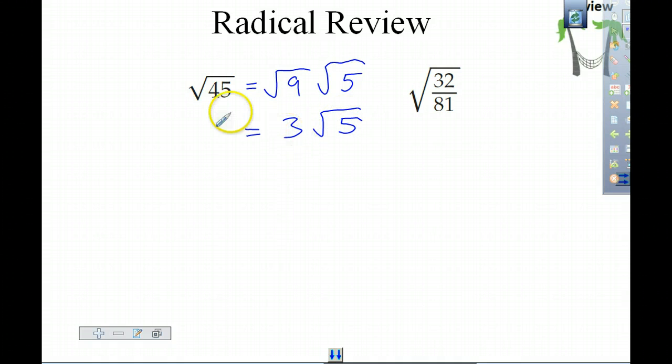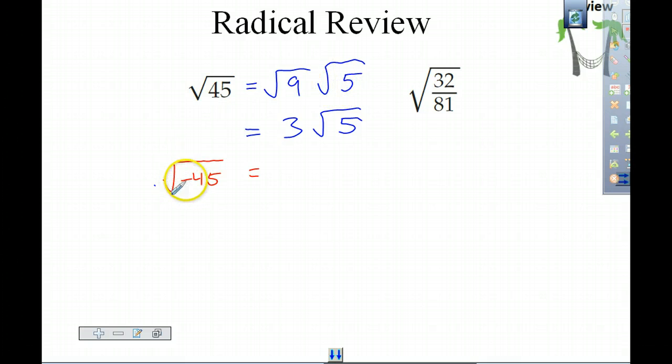So what's going to happen now if you have a square root of negative 45? What's the difference between square root of 45 and square root of negative 45? Before we broke it up into 9 and 5, but now we have a negative.